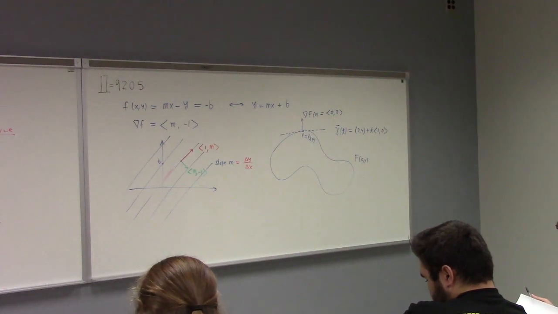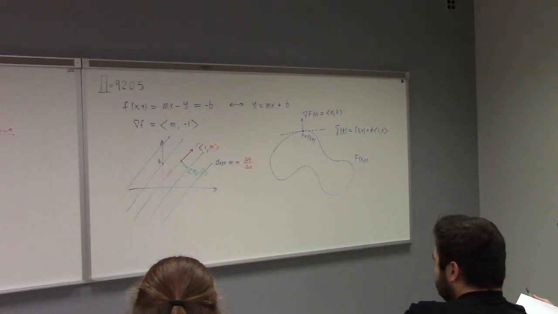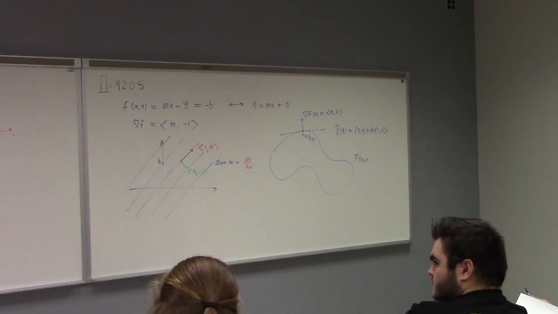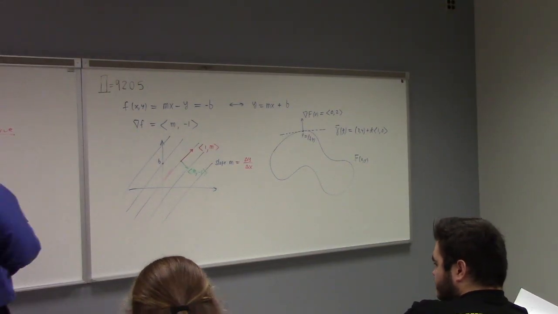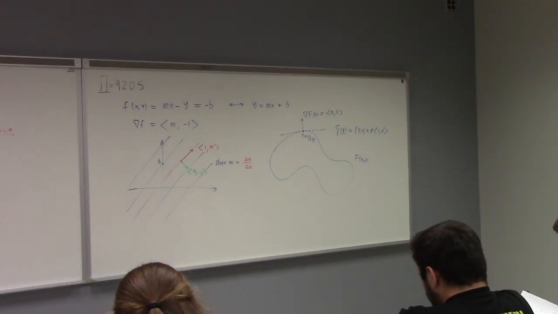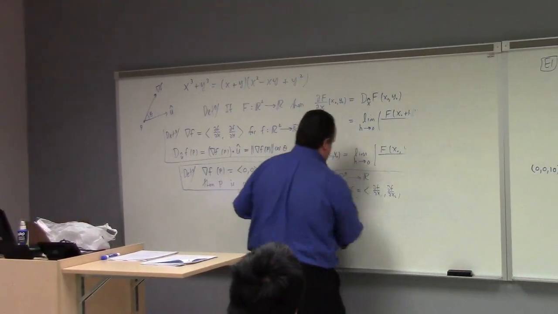Okay, the other thing that's in the homework somewhere, but I haven't talked about directly, is the concept of a differential. We can calculate the differential for a function of several variables.